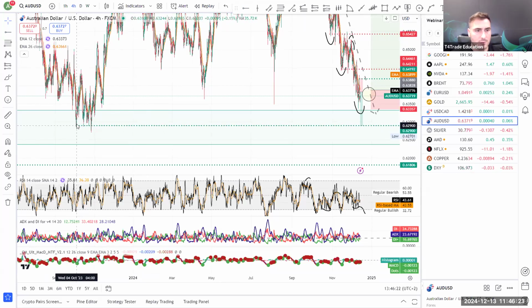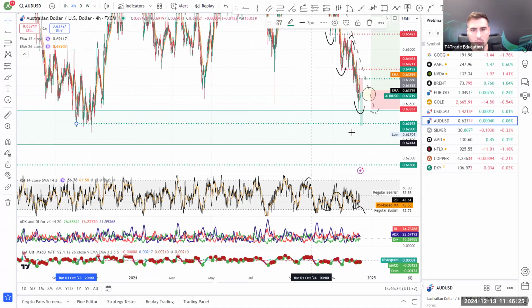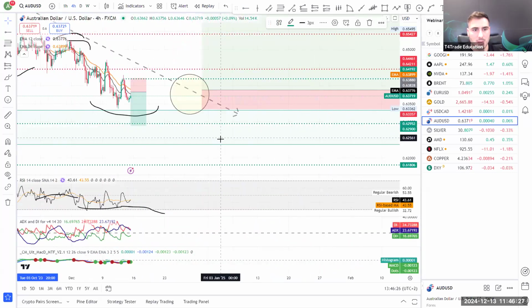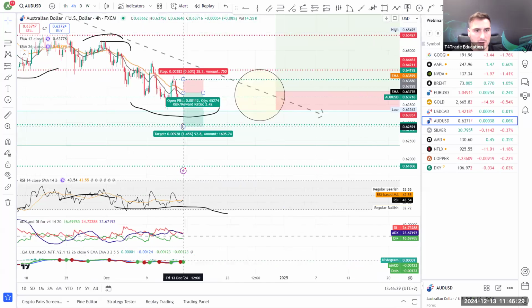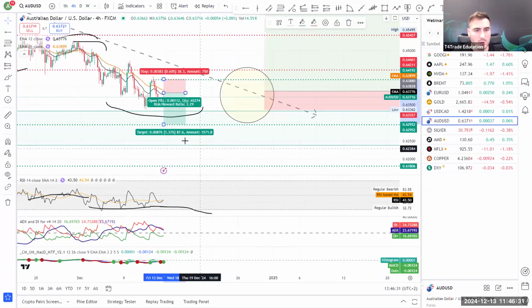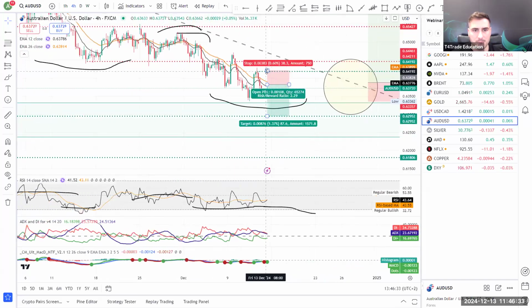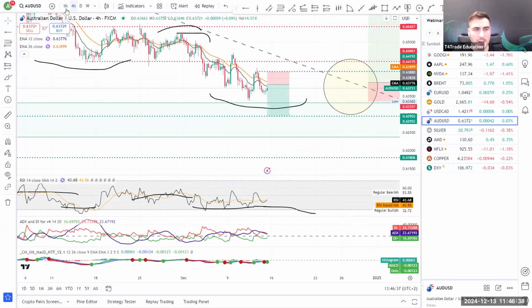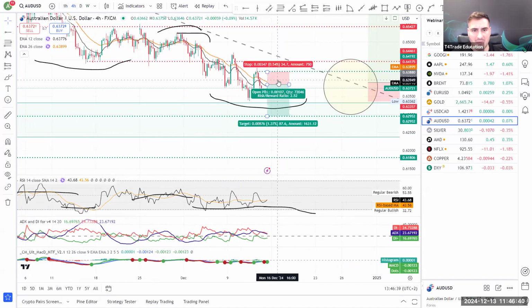Yeah, this will do. A little bit more, a little bit less is going to be made when we have this target. So a risk reward ratio of 2.3. I'm willing to lose 0.5% in order to get 1.37.